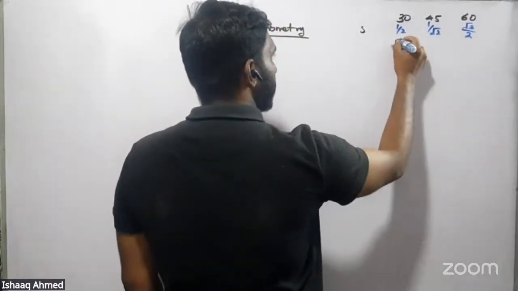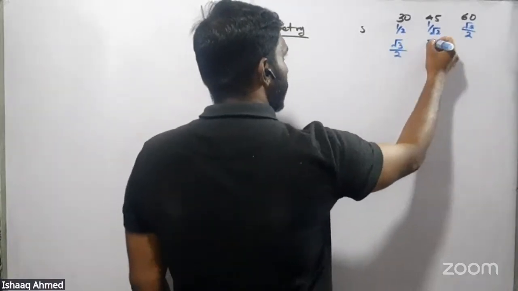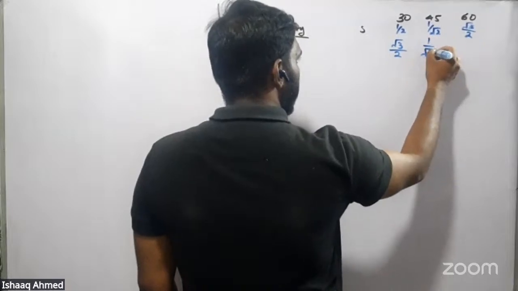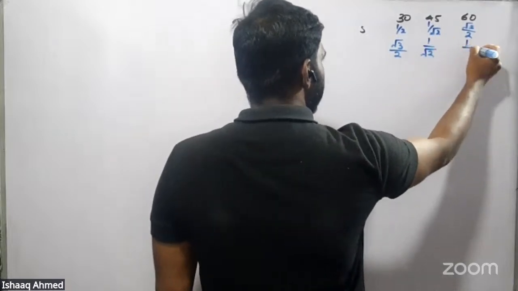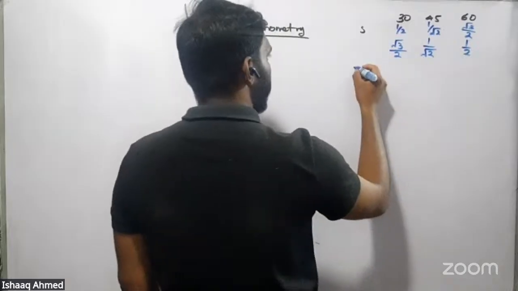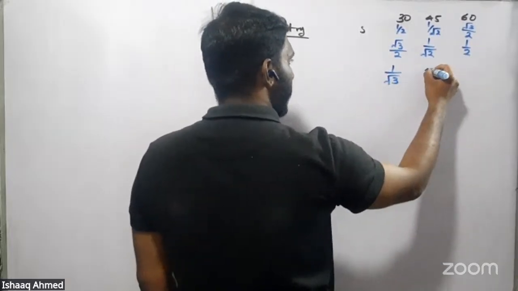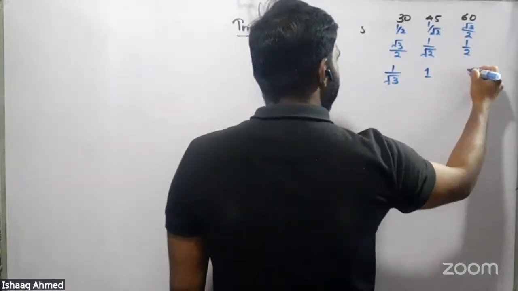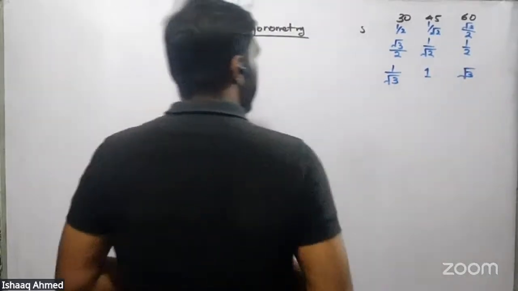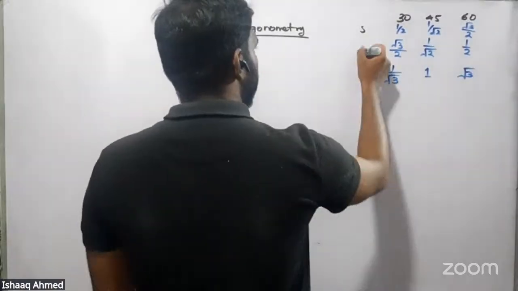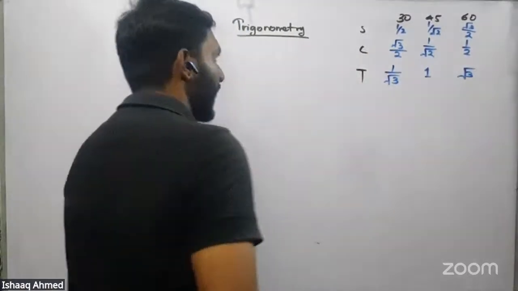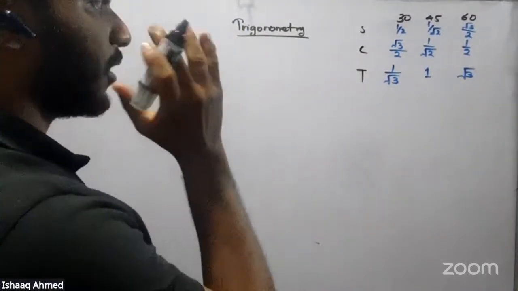Cos 30, root 3 over 2. Cos 45, 1 over root 2. Cos 60, half. Tan 30, 1 over root 3. Tan 45, 1. Tan 60, root 3. Okay, these are common values.